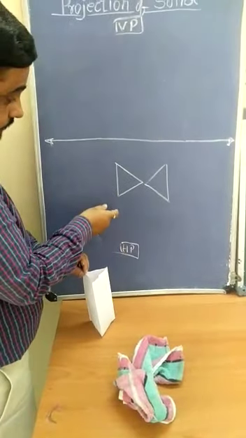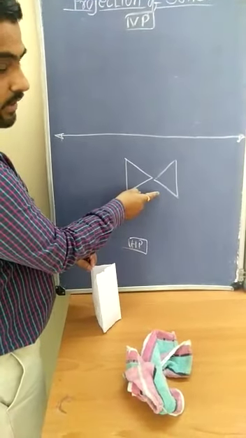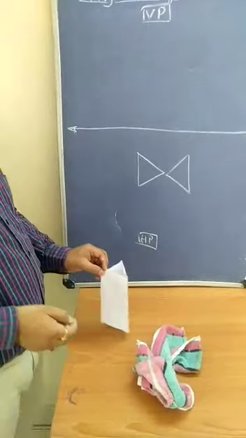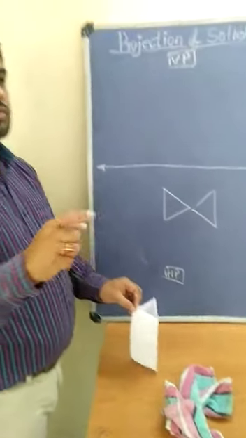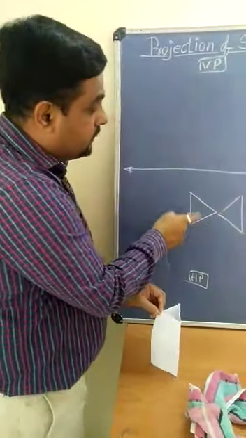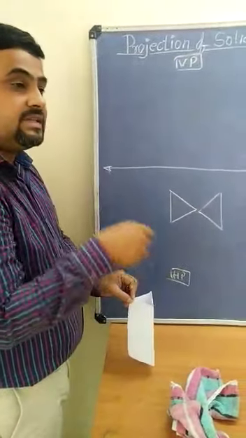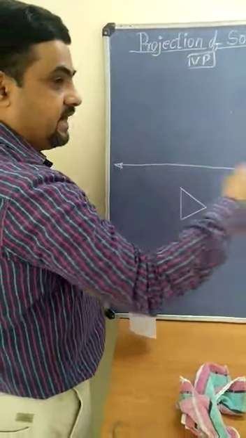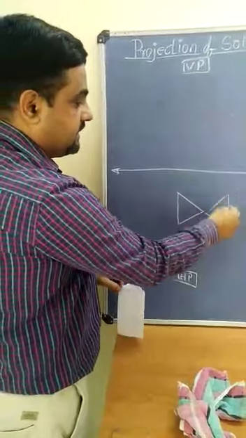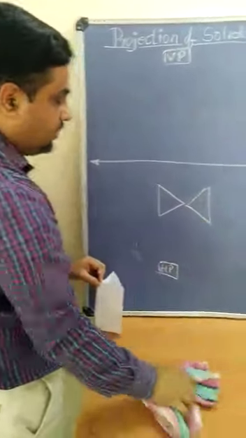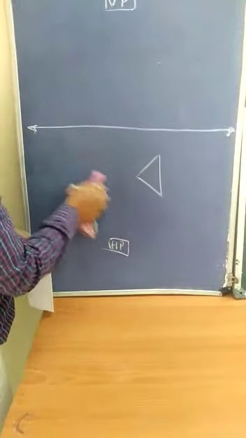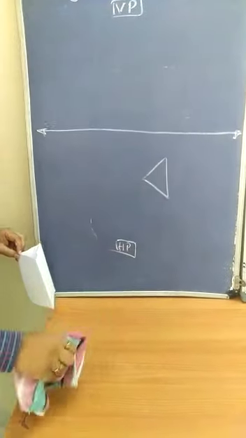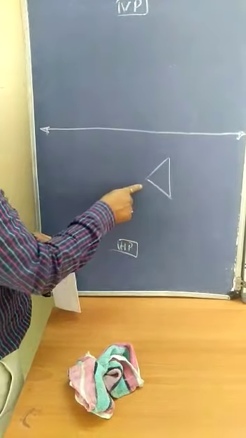Which one will you select? While drawing problems of projection of solids, you select the side on the extreme right hand side, that means the resting side is on the right hand side. So this is incorrect, and you have to draw the triangle like that.